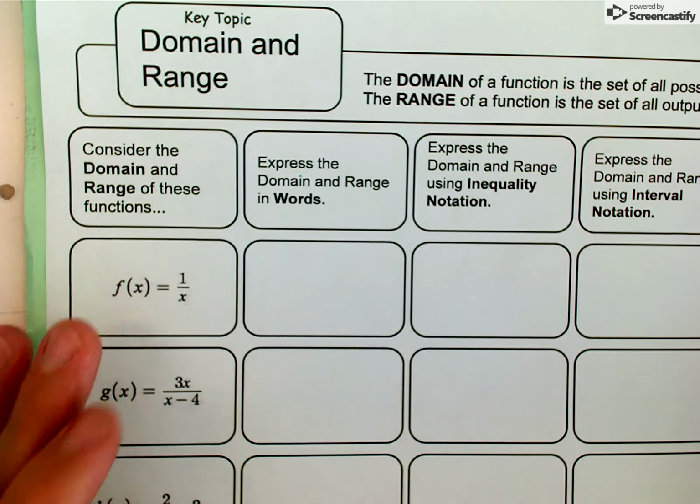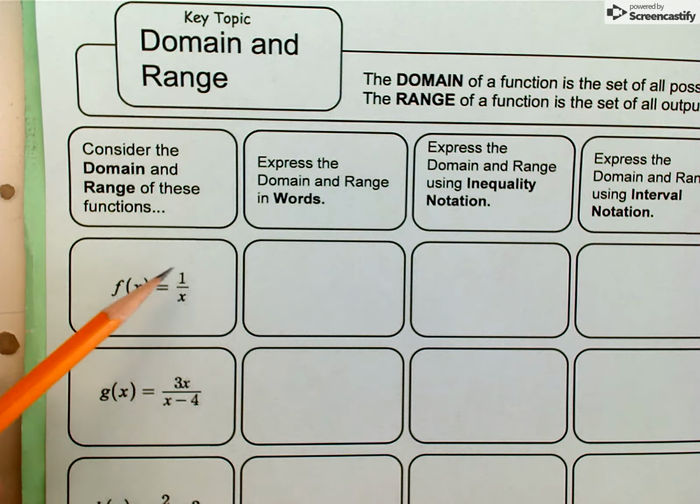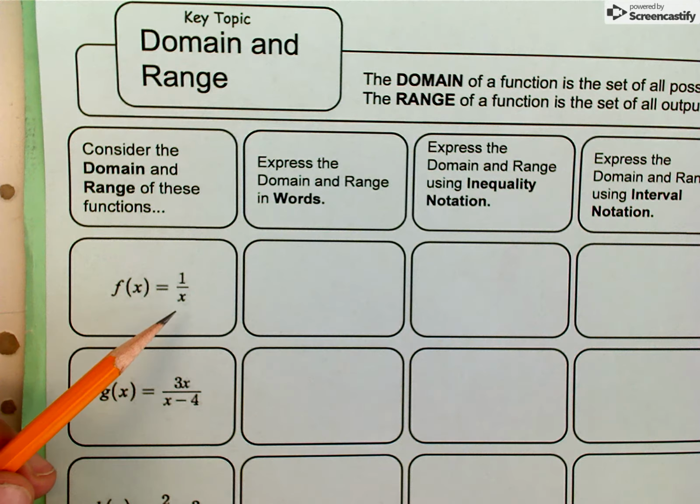It's easiest to just think about all of the possible input values to this function. That is, all the possible values of x that we can put in. And you should know from our study of rational functions that as long as an x value doesn't cause a function to be undefined, then it's a perfectly reasonable value.